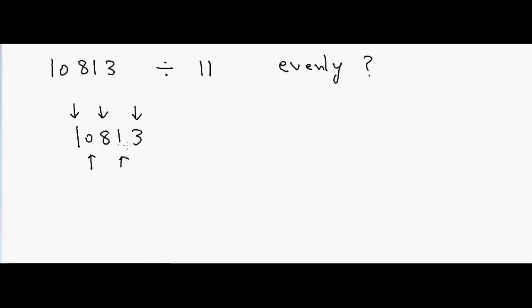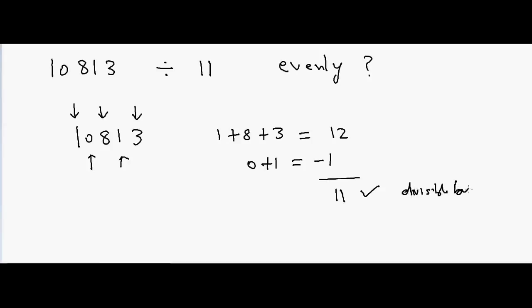So 1 plus 8 plus 3 is equal to 12, and 0 plus 1 is equal to 1. If I subtract them both, then I'll get 11, and 11 is divisible by 11. So this number should be evenly divided by 11.